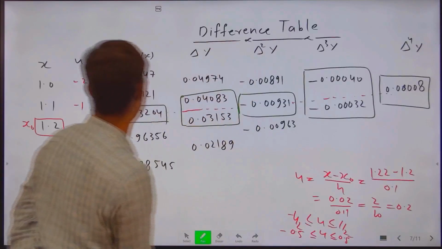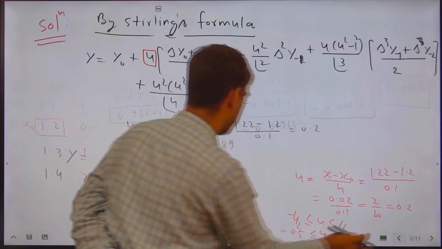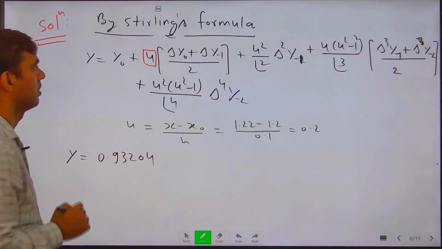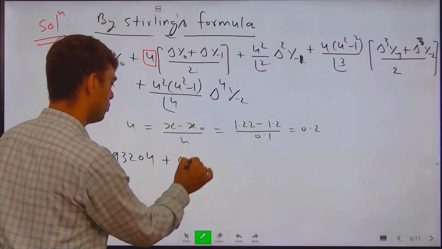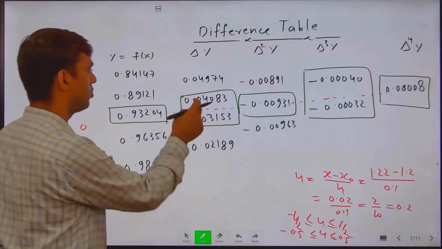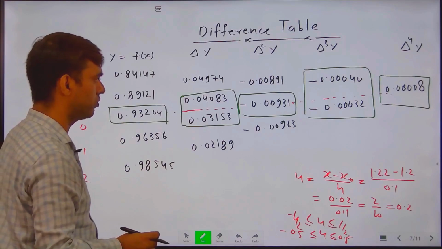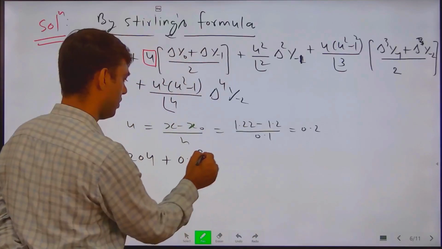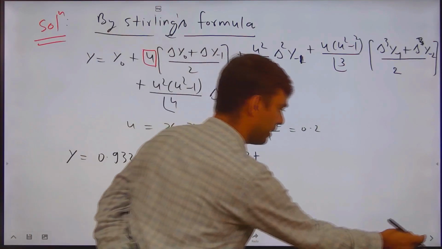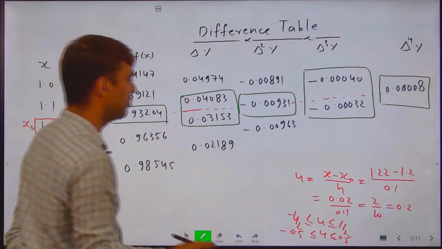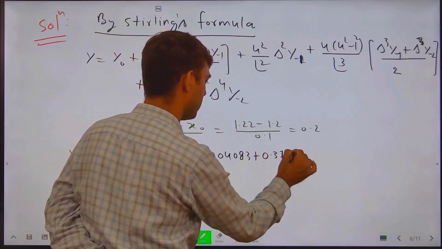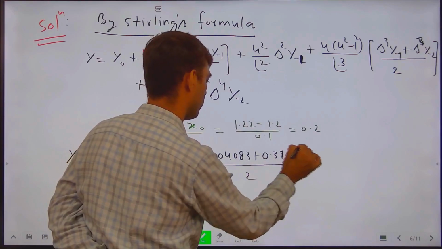Just write the value for y0. y0 is 0.93204 plus u, 0.2, inside the braces, the average of these two, 0.04083 plus the second term 0.03153, divided by 2. This is the first term.